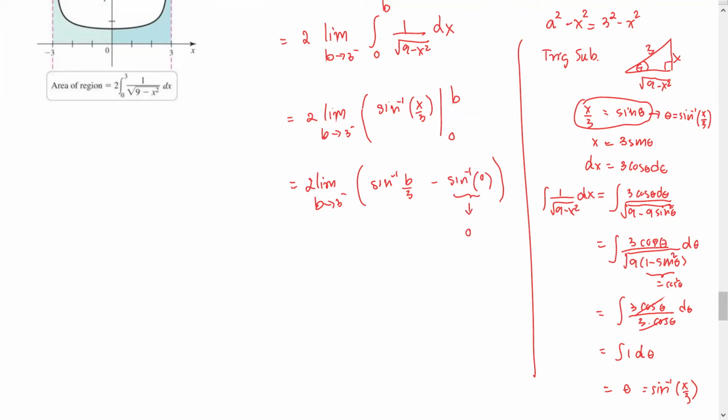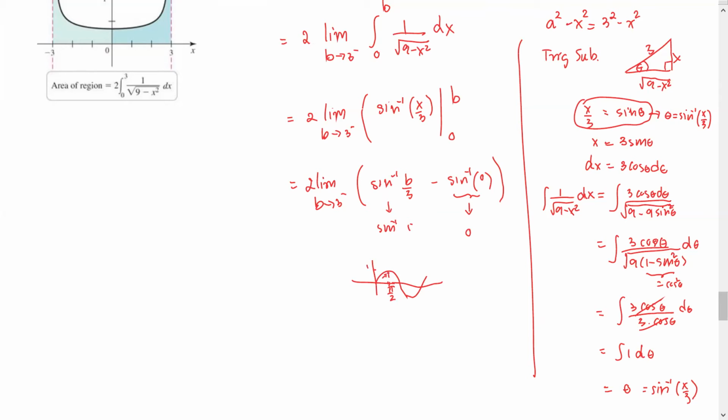For the inverse sine of b over 3, that is approaching the inverse sine of 1 from the left. For the inverse sine of 1 from the left, think about the graph of the sine function. It approaches 1 when it approaches pi over 2, but from the left side.